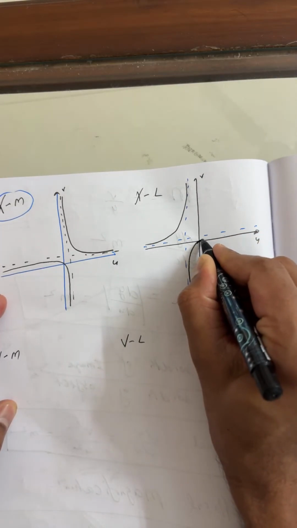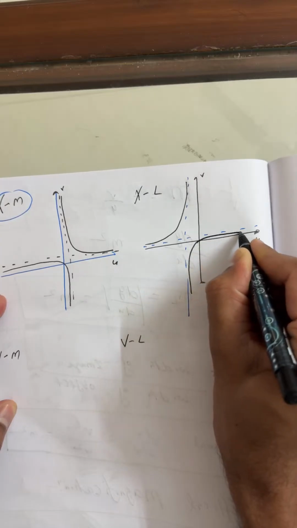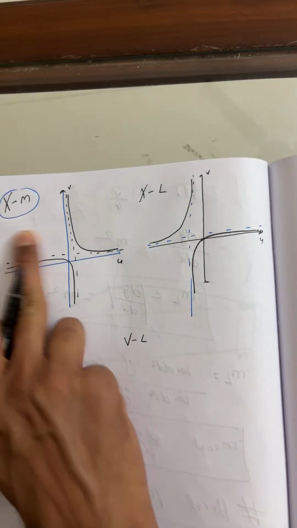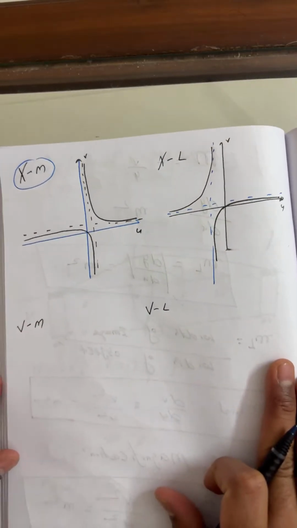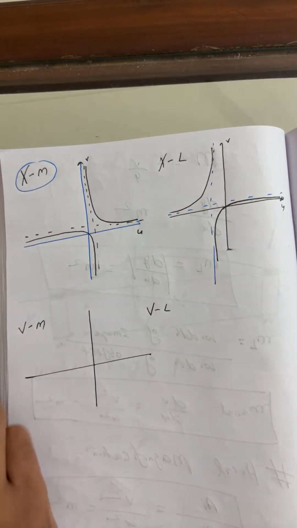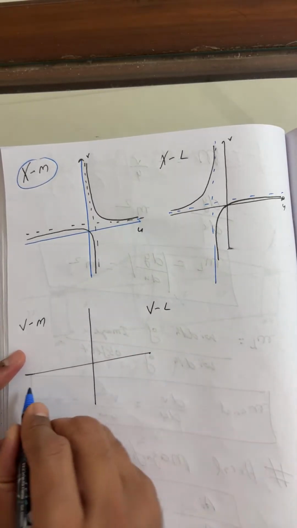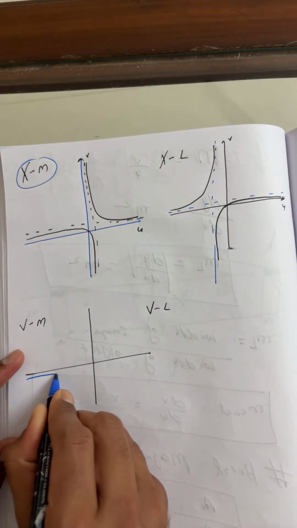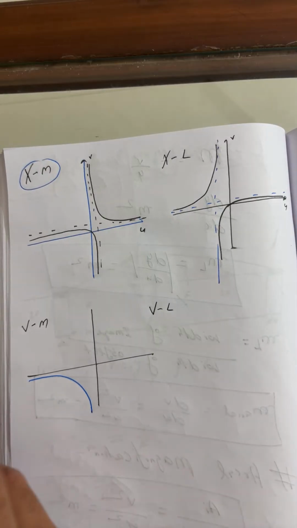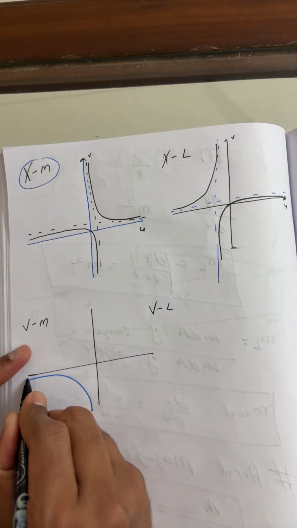It's highly easy. Just keep in mind: XM, XL, convex mirror, convex lens. Then VM, concave mirror. Here you have to draw the graph in the third quadrant.